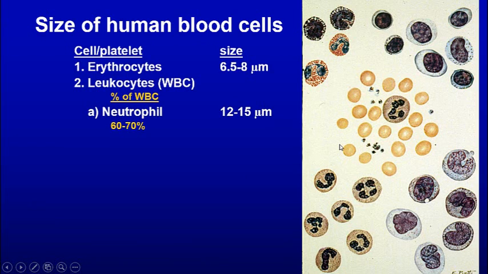Now, the size of the blood cell, for the red blood cell, is about 6 to 8 nanometers in thickness. Those are the red blood cells that we can see, in diameter, I should say, from there to there. The white blood cells, leukocytes, are of different types. You got the neutrophil, which is about 12 to 15.